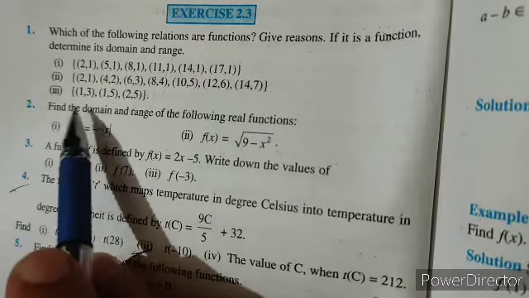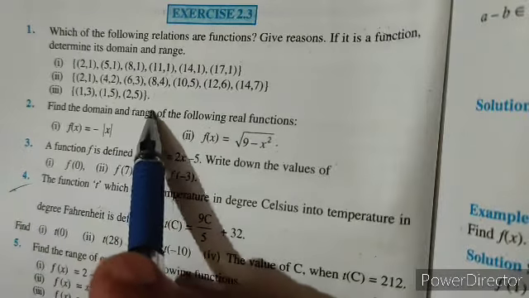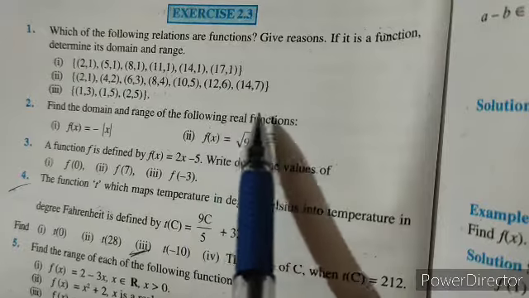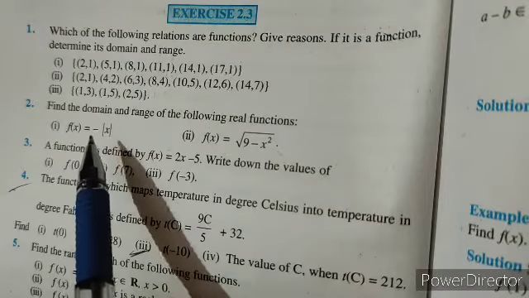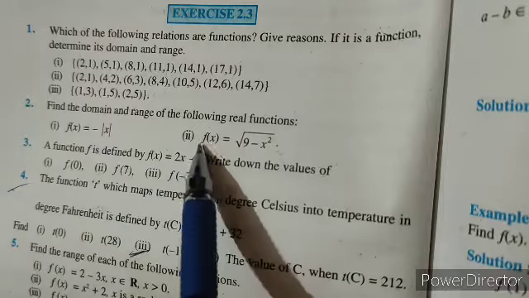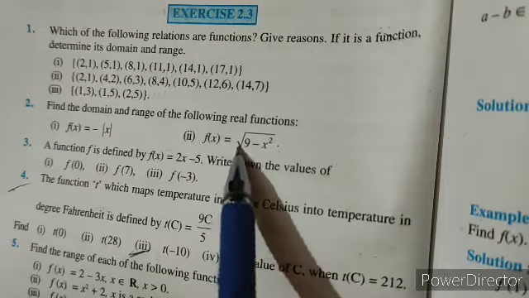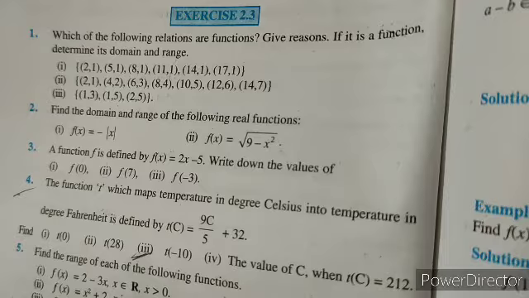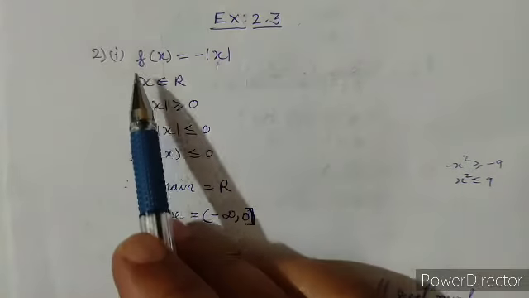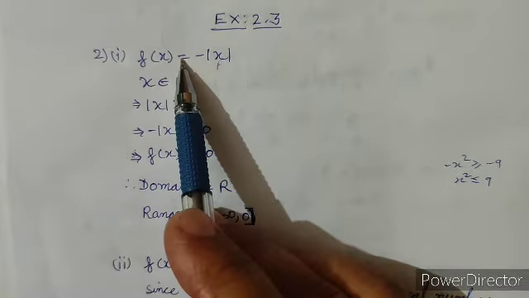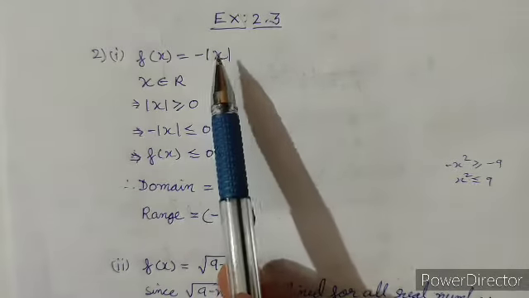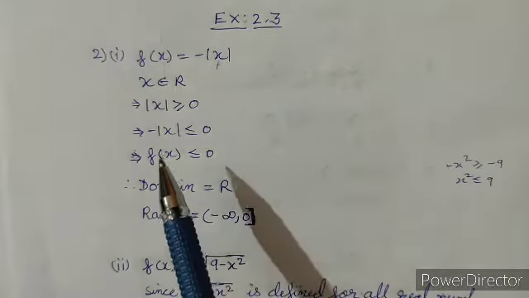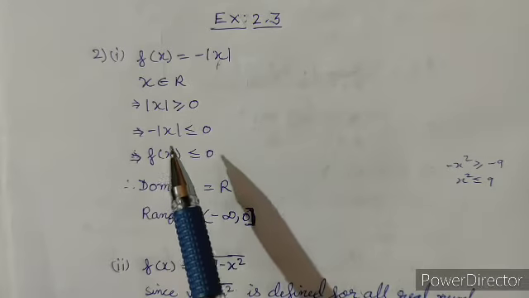In question two, we have to find the domain and range of the following real functions. The first one is f(x) equal to minus mod x, and the second one is f(x) equal to under root 9 minus x square. In the first part, f(x) equal to minus mod x is defined for all real numbers.